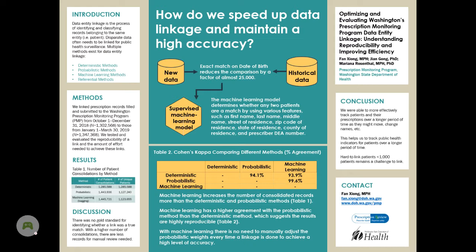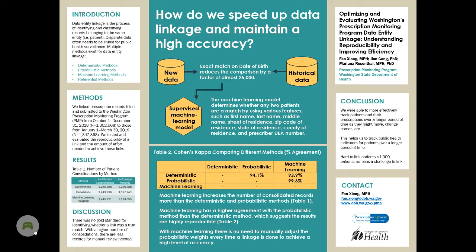Deterministic was the worst performing one, probably because it was too restrictive. The algorithm is one that is used by our vendor, and it requires that zip codes be an exact match as well. So if individuals move, then you might not consider them to be a match anymore. Now, the advantage of getting a high level of accuracy and being able to do it quickly is that it allows us to track patients over time.